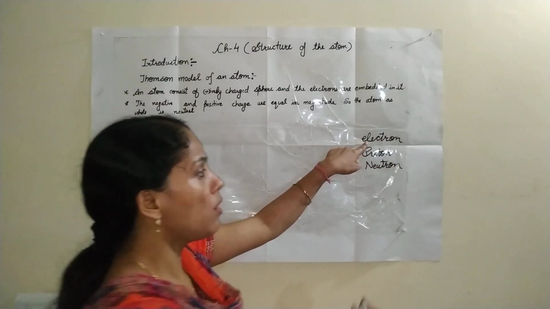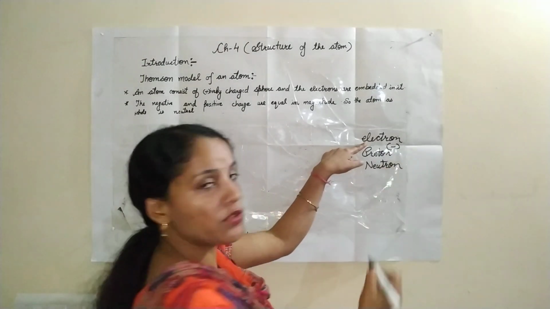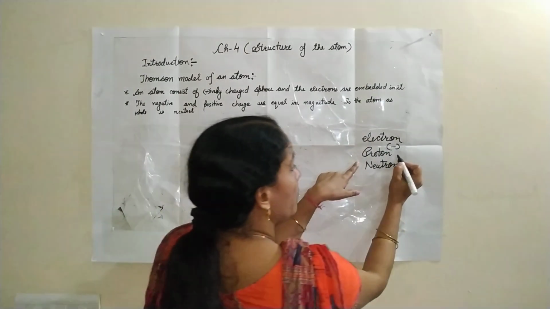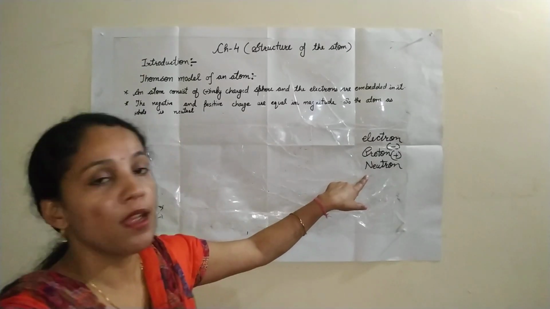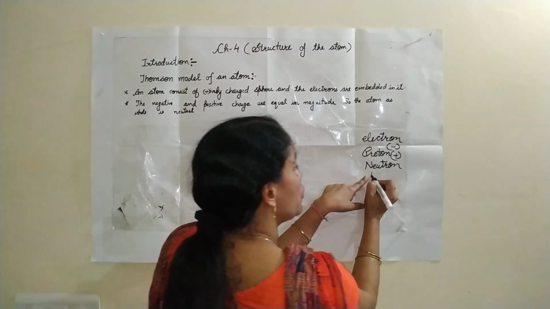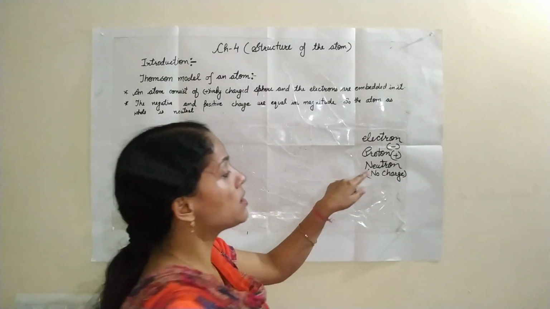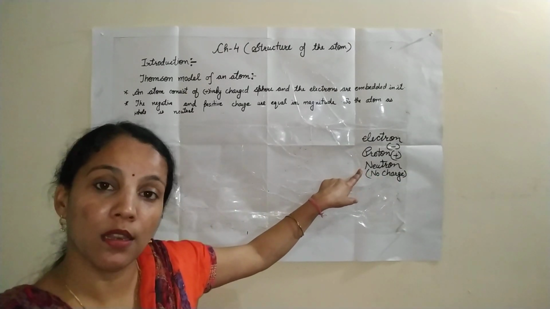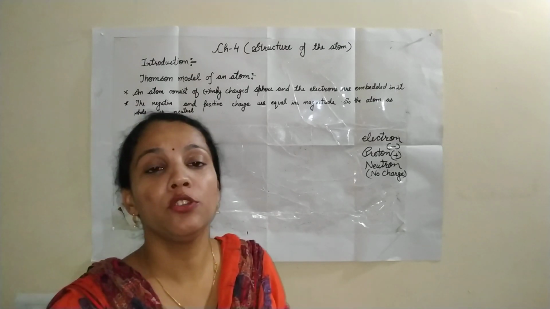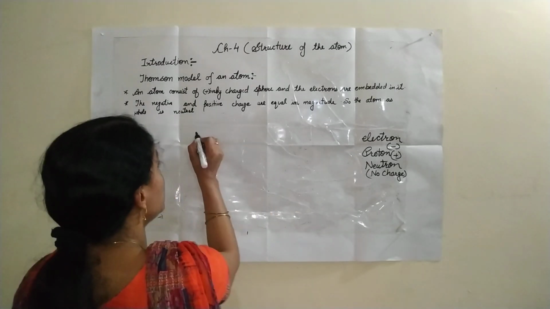Here electron has a negative charge, proton has a positive charge, and neutron has no charge. Means neutron is neutral.